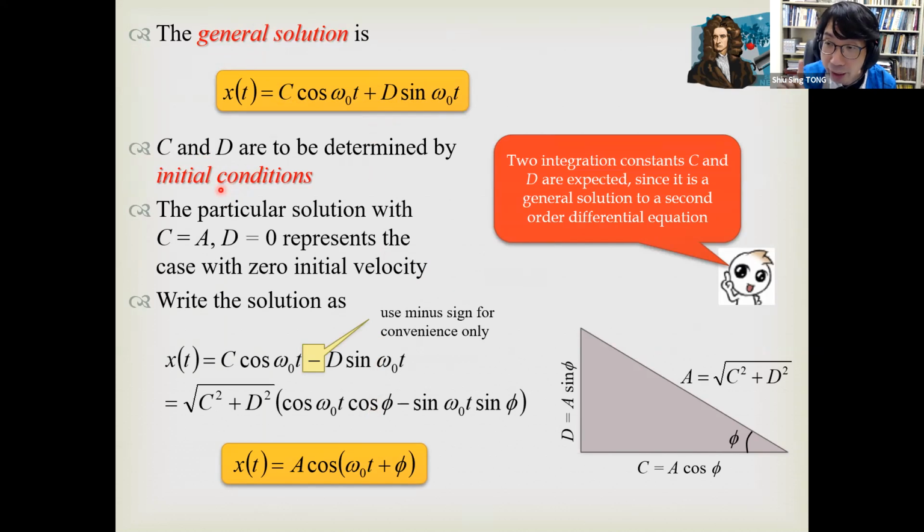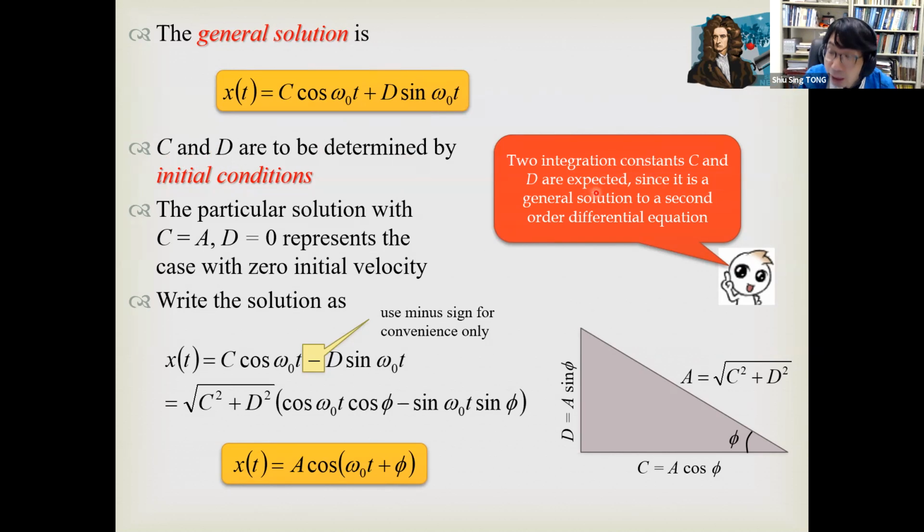But there's also another condition: with what velocity does the block start its motion? The initial velocity also matters, right? So we have two initial conditions, the initial position and the initial velocity, determining the whole motion. So those two pieces of information exactly determine these two constants C and D. That's why we have two constants.